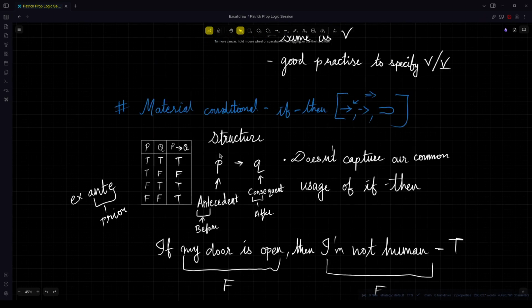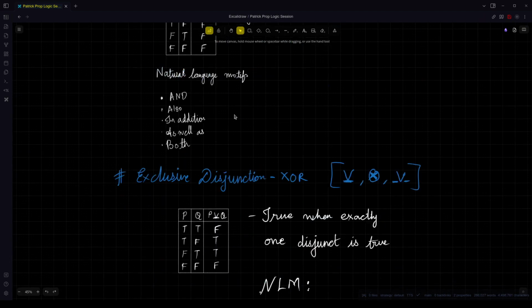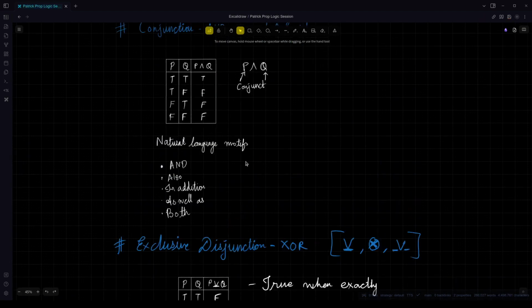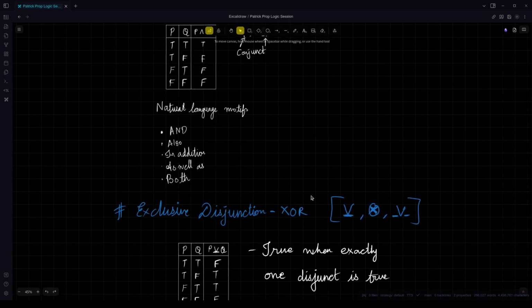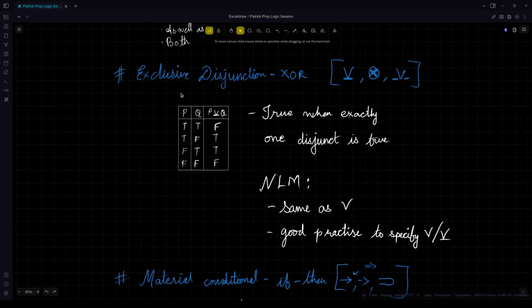And one important point I want to mention is that all of these operators, like the implication, or the conditional, or the disjunction, or the negation, can be expressed in terms of other operators, and we will get to that in some future session.